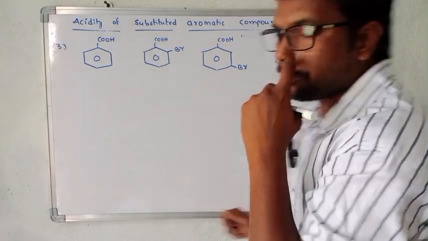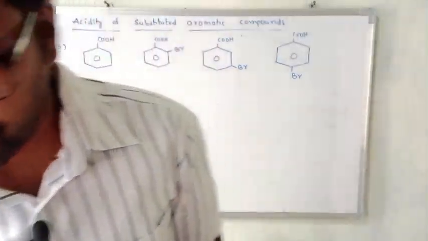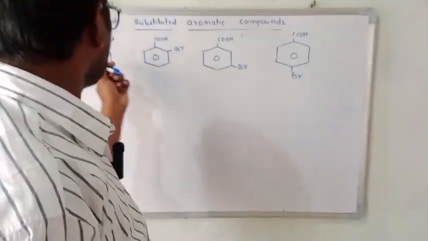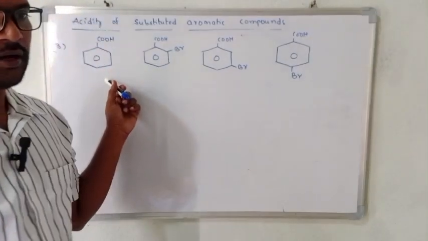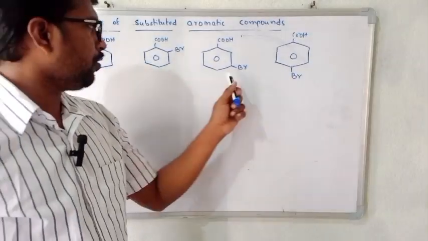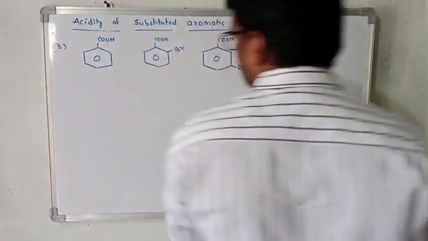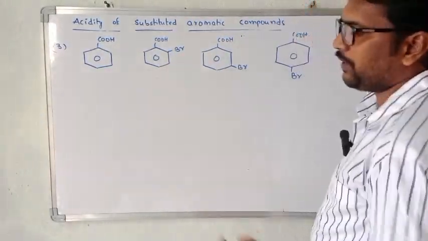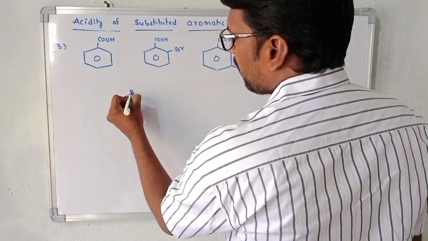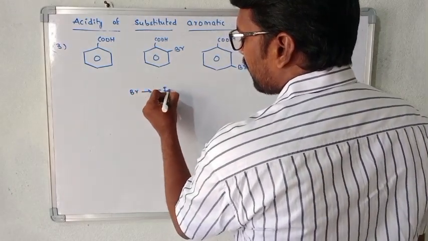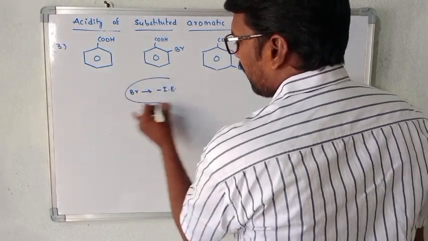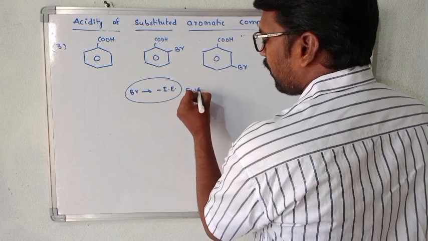Okay, now you want to explain which of these four is more acidic. When you take COOH, it is the standard benzoic acid, and then ortho, meta, and para bromo benzoic acid. When you write about this SDT order, here the group present is Br. Whenever you take the Br group, generally it has minus I nature, that means it has electron withdrawing nature.